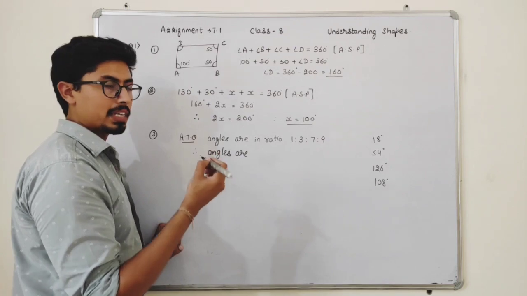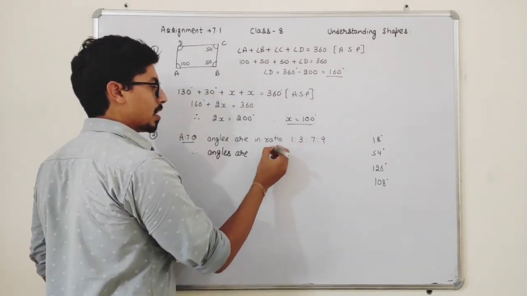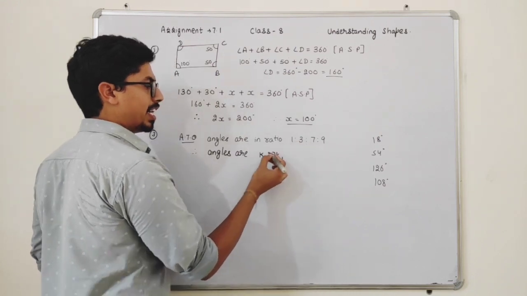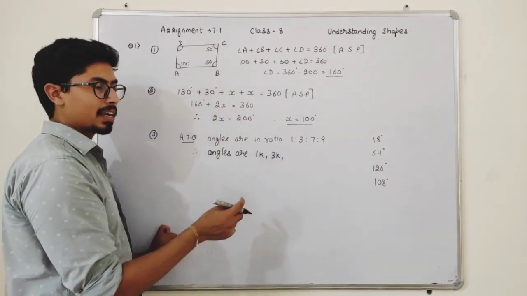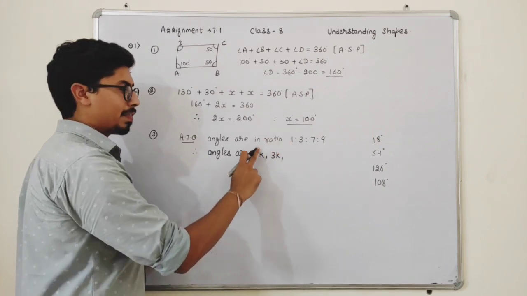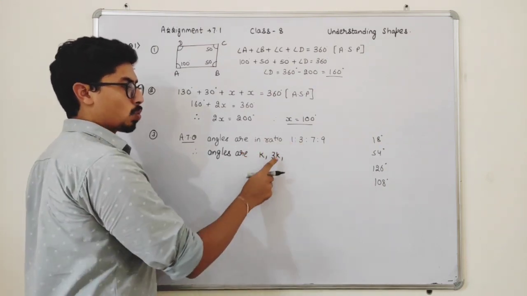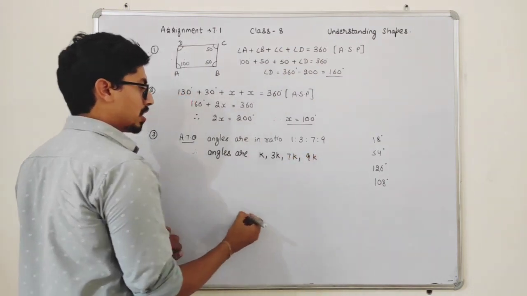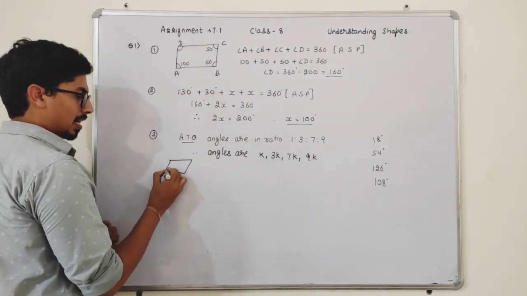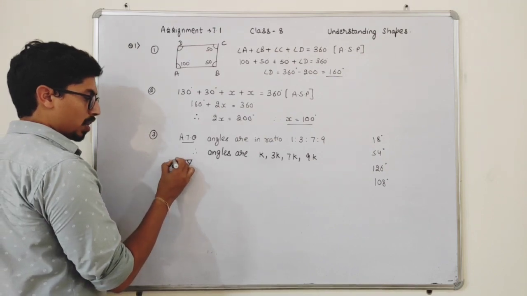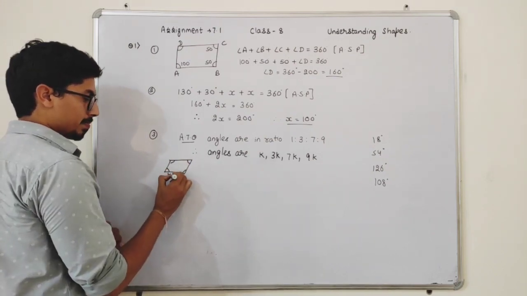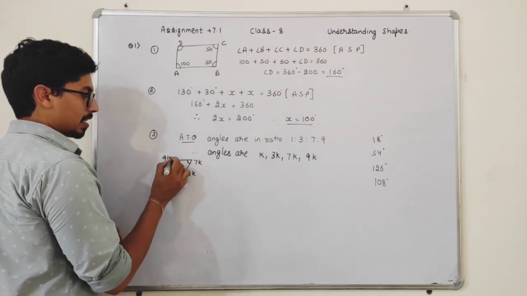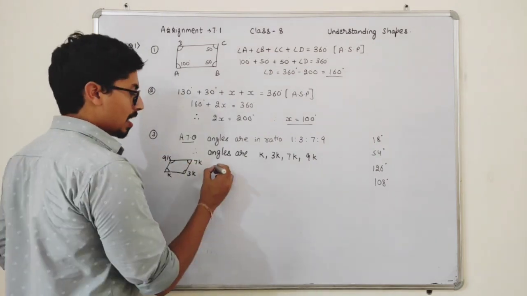For example, let k be a constant, and multiply them by k. So it will be k, 3k, because 1 into k is k, 3 into k is 3k, 7 into k is 7k, and 9 into k is 9k. These are the four angles of the quadrilateral: k, 3k, 7k, and 9k.